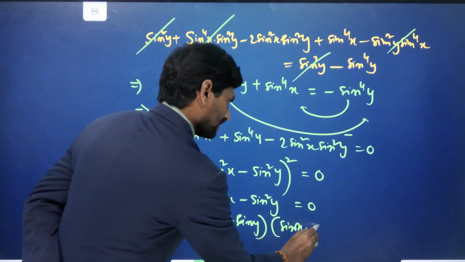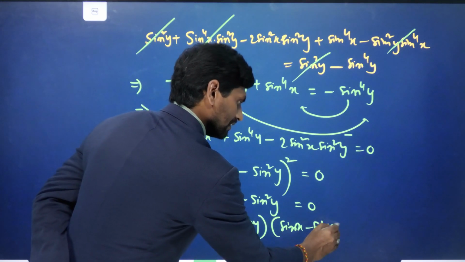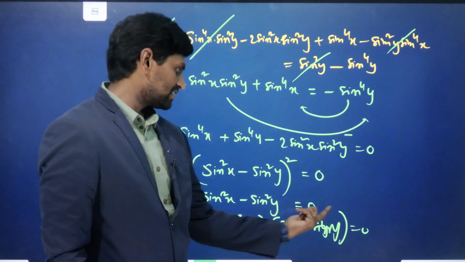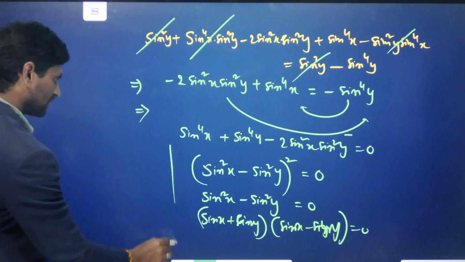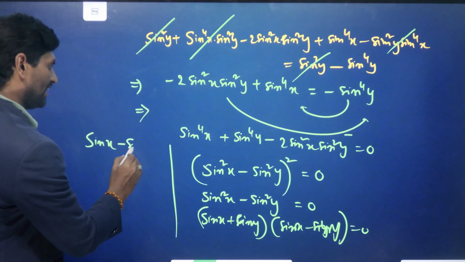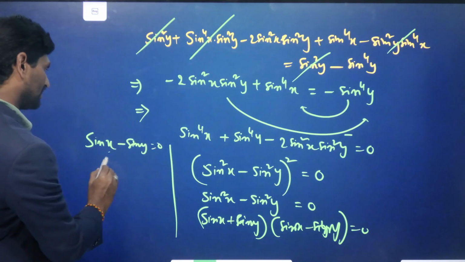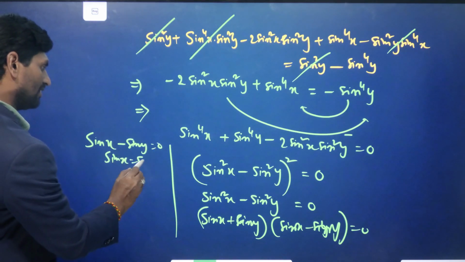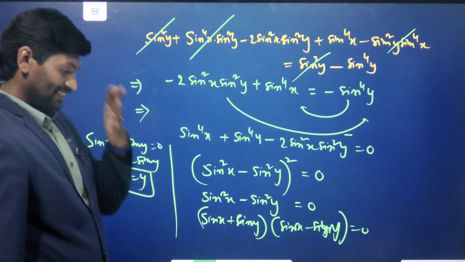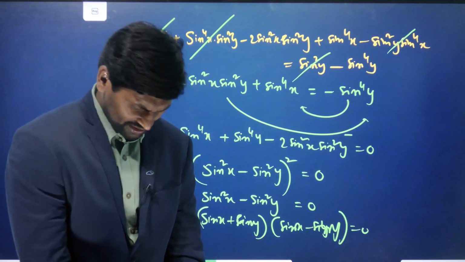So that means if any one of the terms multiplying is 0, the product is 0. So I am going to make the second term 0, that is sin x minus sin y is equals to 0, then sin x is equals to sin y. So from this x is equal to y. We should get that x is equal to y.